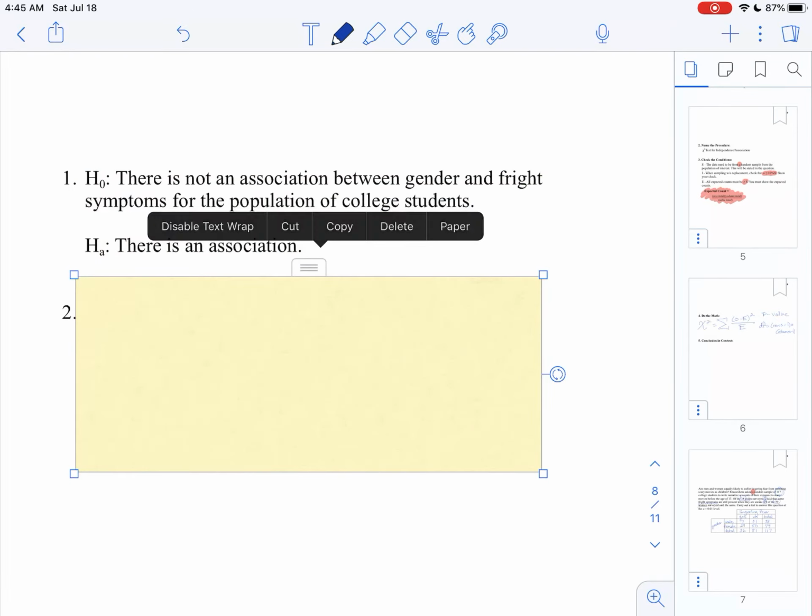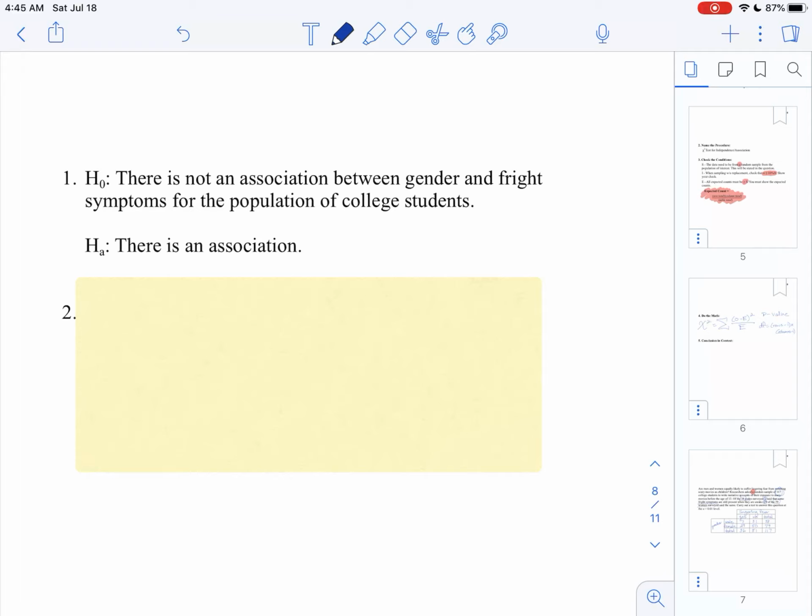Yeah, that is how I worded it. But I could write it the other way too and say gender and fright symptoms, or lingering fear, either one. For the population of all college students, I can say that gender and lingering fear are independent for the population of college students.